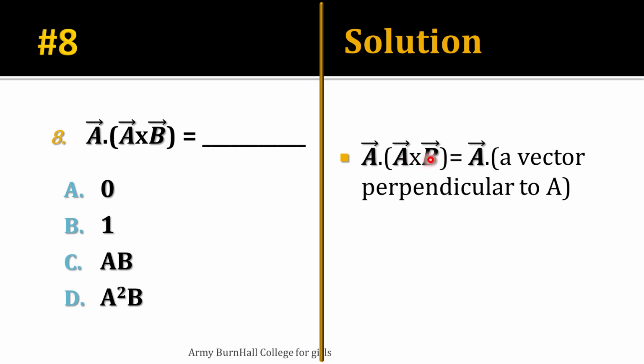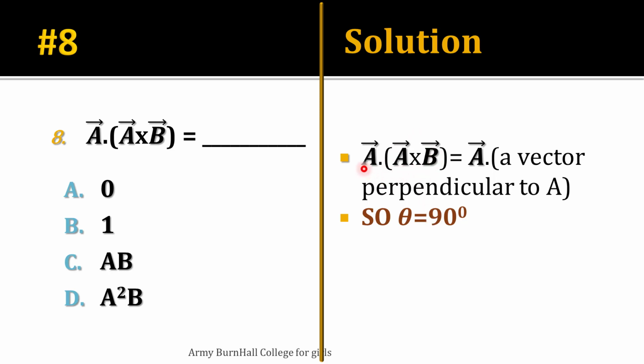So A cross B is basically a vector which is perpendicular to both A and B. So it is a vector perpendicular to A as well, because we have to take dot product with A. So theta is 90, A, and a vector perpendicular to A. So the angle between this A and the result of A cross B is 90 degrees.